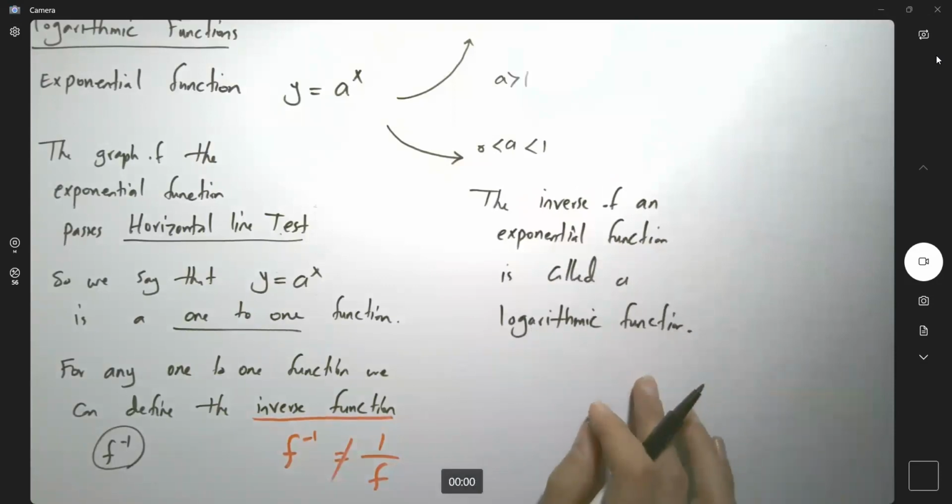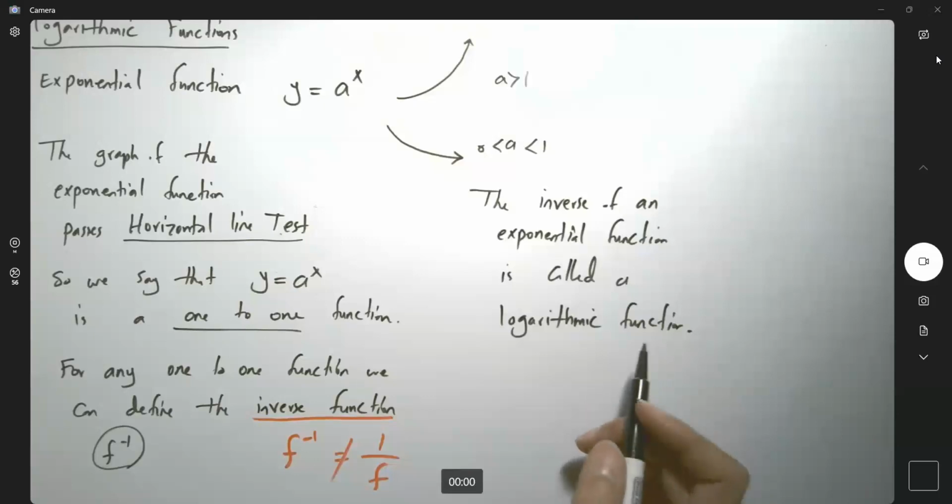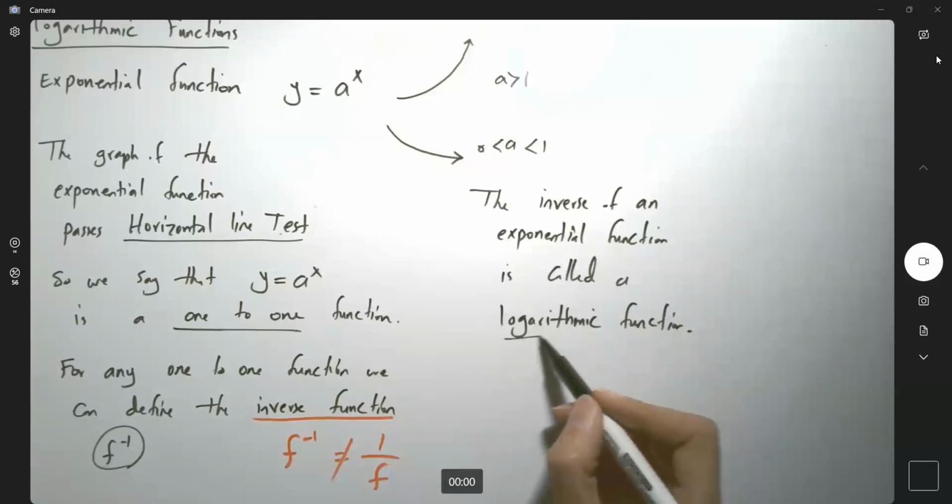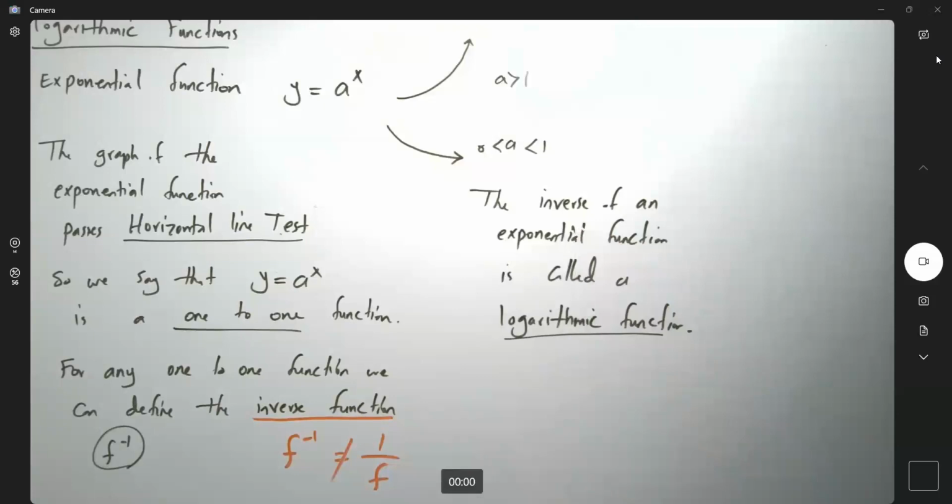So if somebody asks, hey, what is a logarithmic function? You're going to say that logarithmic functions are the inverse of exponential function and vice versa. You're going to define this function as y equals log with base a of variable x.